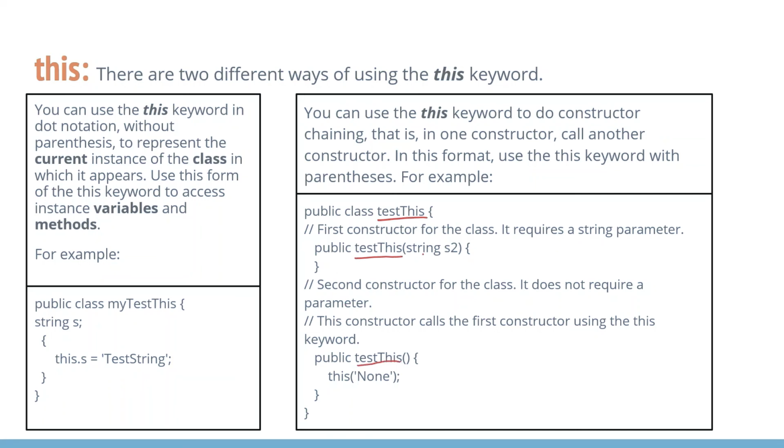This is a parameterized constructor where we are passing s2 as a string. Then we have the public TestThis, which is a default constructor. It will run, and now it will pass the value this('none'). So the 'none' will be passed in this, and now this constructor will run. So it's chaining. When a class runs, first this constructor will run, and then this constructor will run.